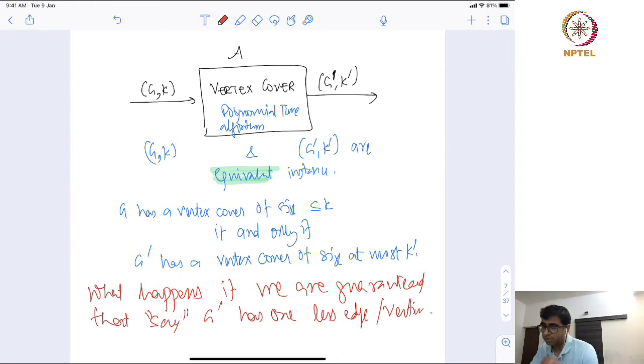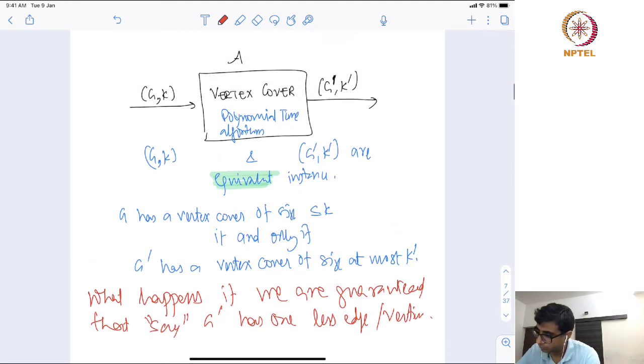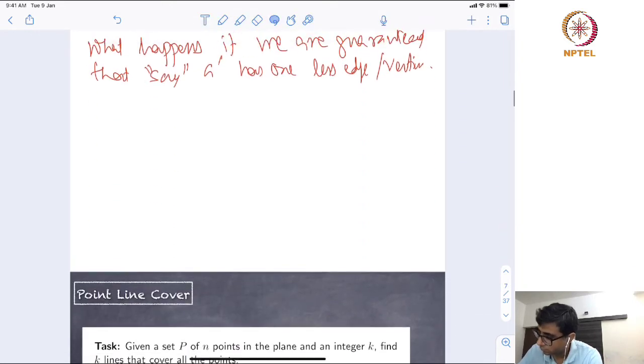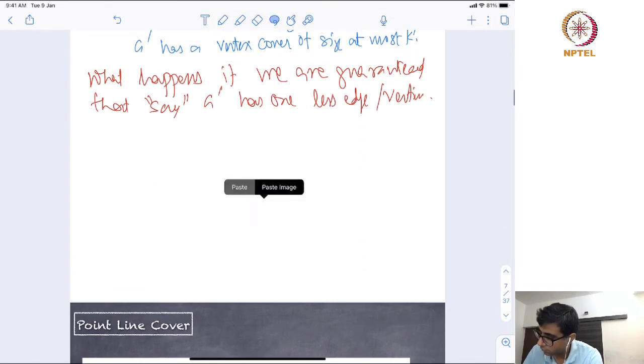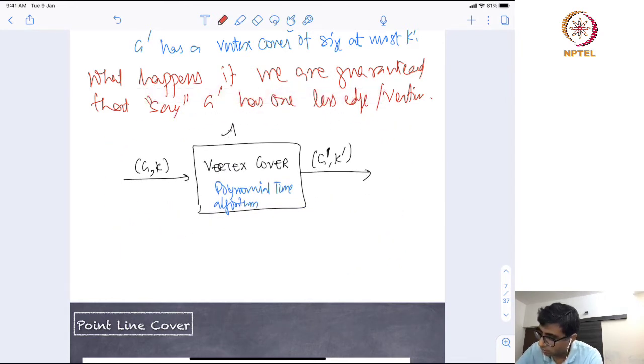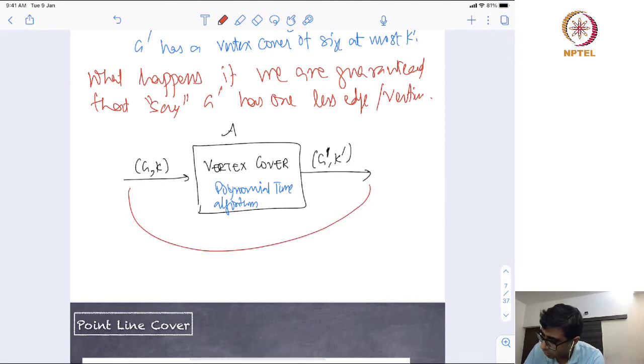Suppose this is a guarantee this algorithm could give, then what we could do is feed this algorithm again and again, and from G comma k, I will get an equivalent instance G prime k prime, and so on.